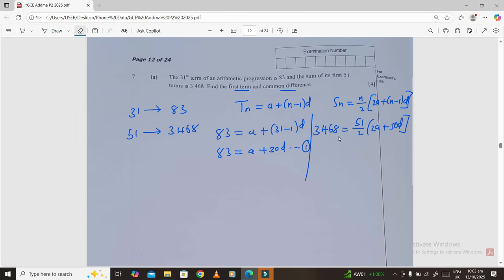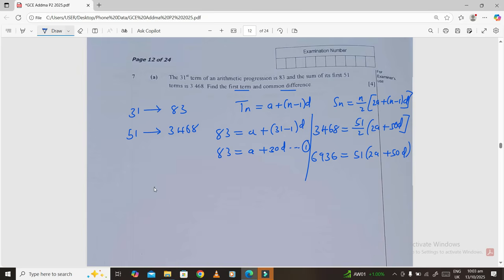So that is 3,468 times 2. It's giving us 6,936. So 6,936 is equal to 51, open bracket, 2A plus 50D close.